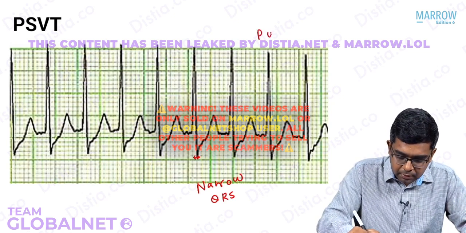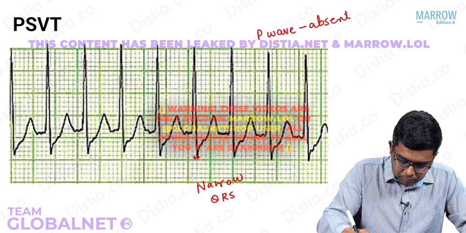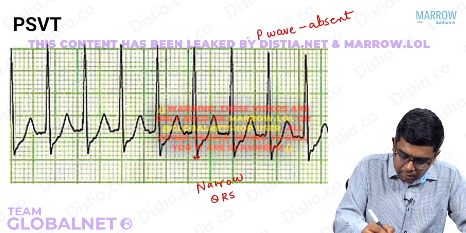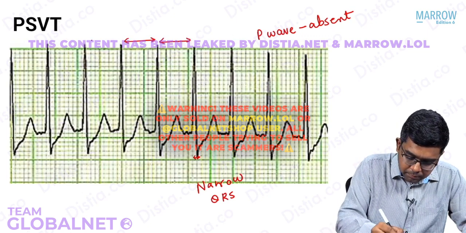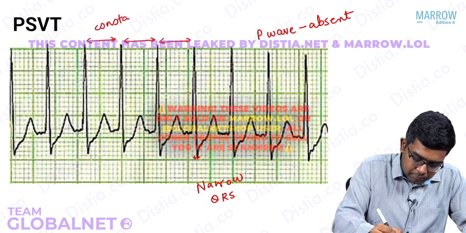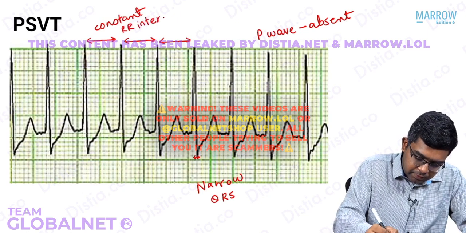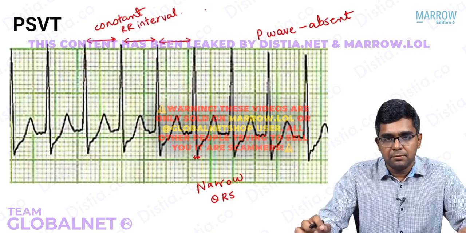So P wave is absent here. And number 3, you can see that the RR interval is fixed. Okay, that is what I said, constant RR interval. This is definitely consistent with the diagnosis of PSVT.